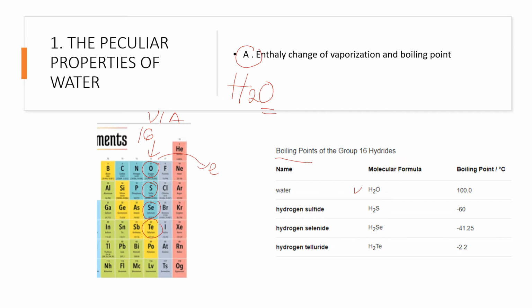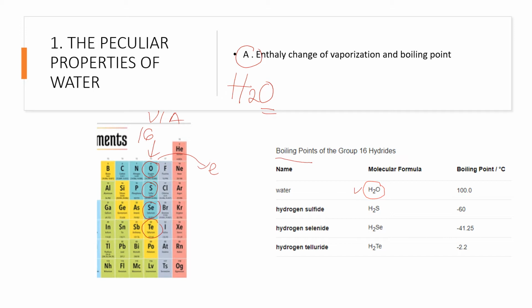If we consider the intermolecular forces of van der Waals, oxygen with the lowest number of electrons compared to sulfur, selenium, and tellurium, then H2O should have the lowest boiling point, but that's not the fact.